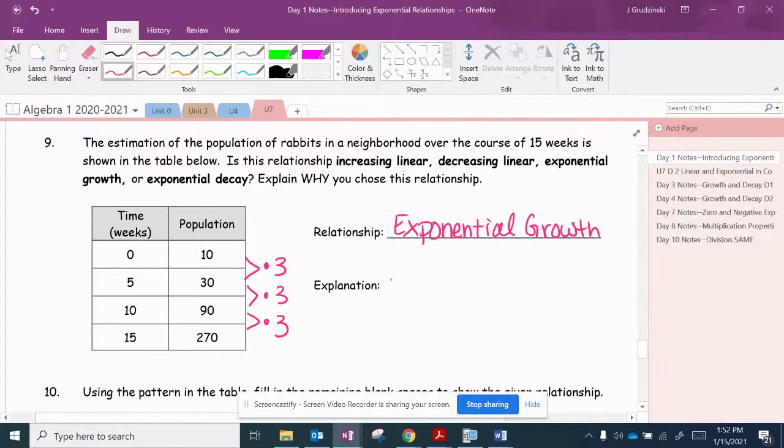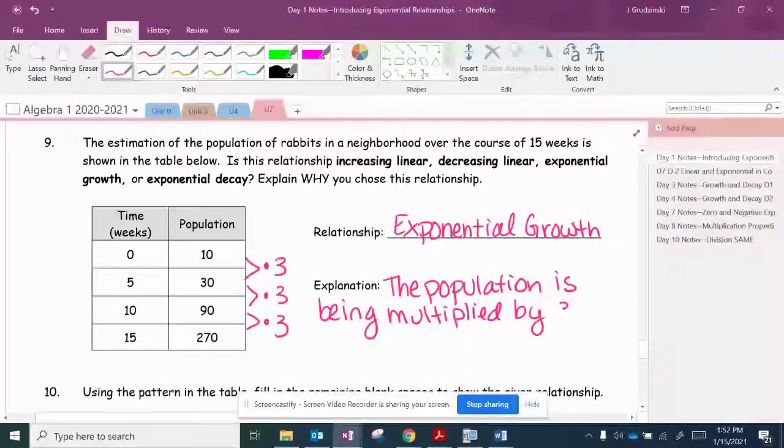And the reason that I know this is the population is being multiplied by 3 each time.